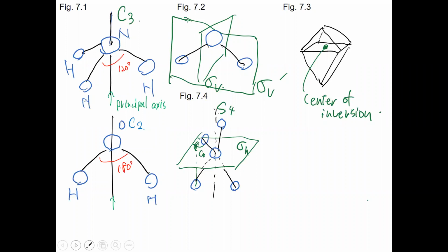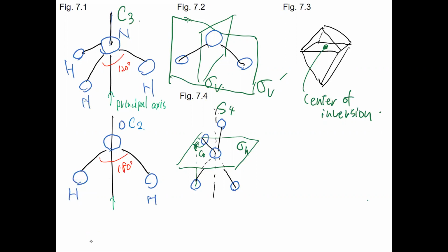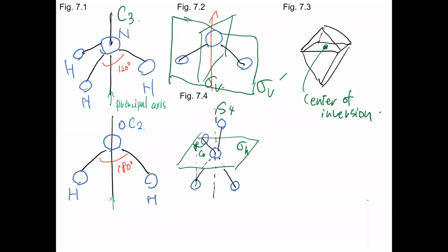Again, the water type of structure here, right? In this case, the principal axis is here, and you can think about two types of mirrors which are parallel to the principal axis. These are sigma V and sigma V dash, right?